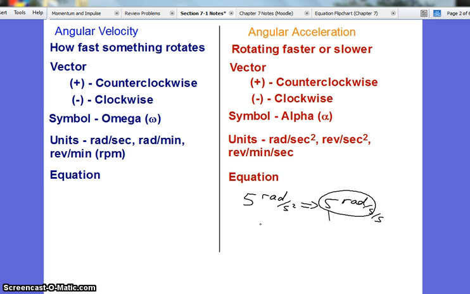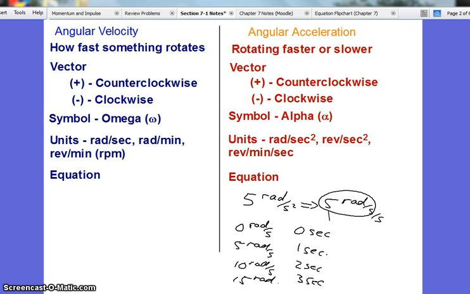So if I start with 0 radians per second at time 0 seconds, after 1 second, I'm now moving at 5. After 2 seconds, I'm now moving at 10. And after 3 seconds, I'm now moving at 15. I increase my angular velocity by 5 every second. That's what that is representing.